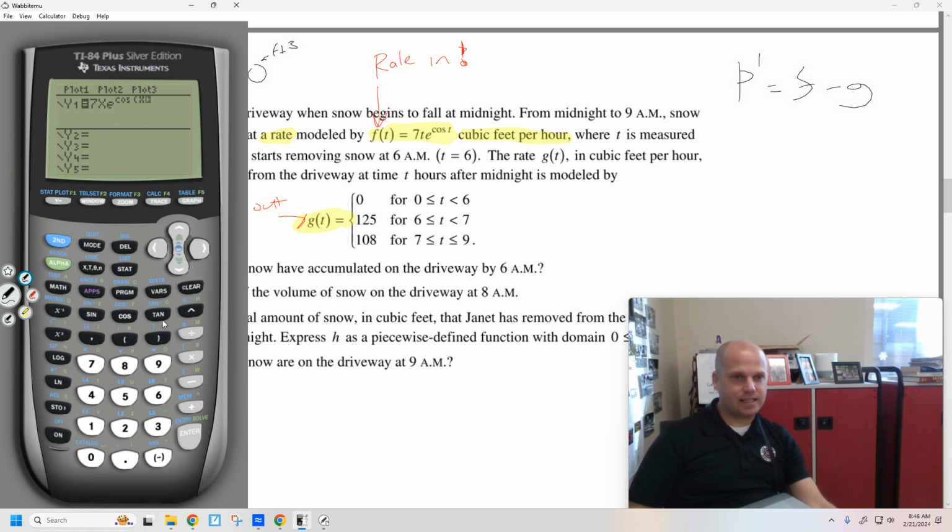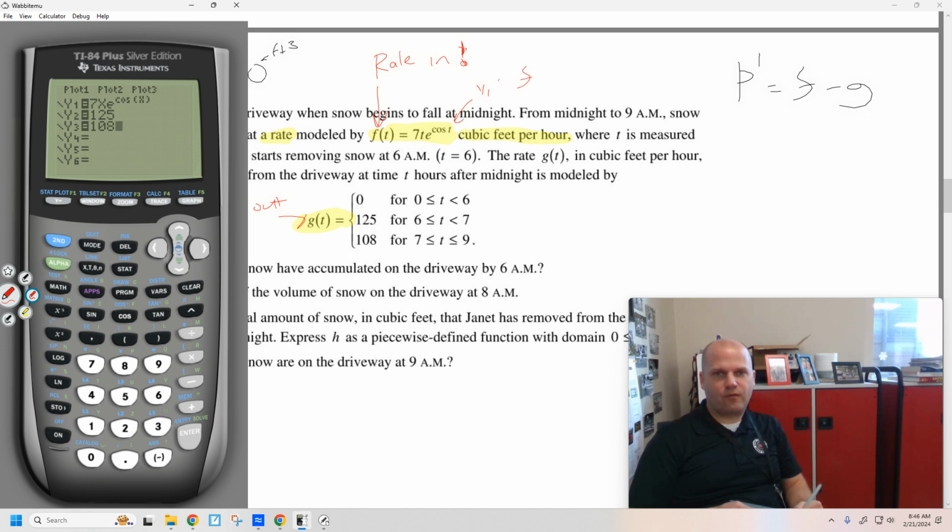This is my velocity in, 7t e to the cos t. And if I wanted to, I could graph the separate rates out. But maybe label them, that way you pay attention to which one's which. F is y1. I'm not graphing 0 because if you accumulate 0, you're going to get 0.